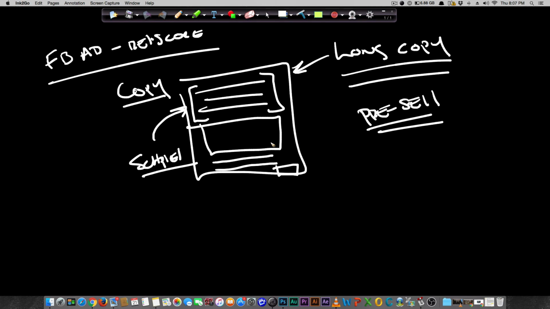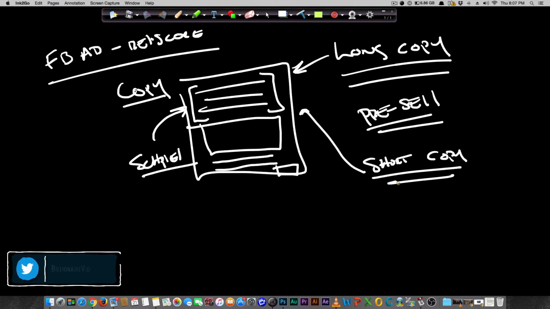Now, here's the thing. This is where working with long copy versus short copy comes in. With short copy, if all you're going to do is ask them to go grab a PDF, then you don't really need to write such a long piece of copy. And that's what we were doing before.